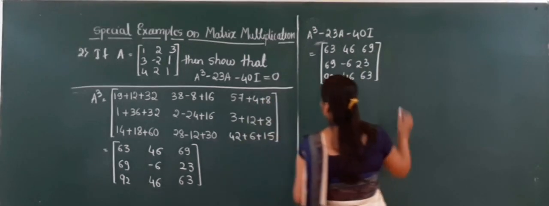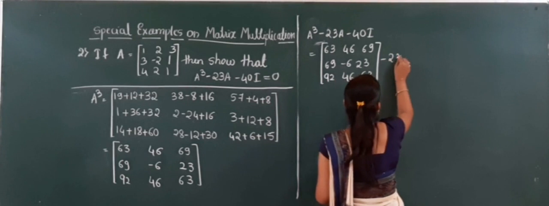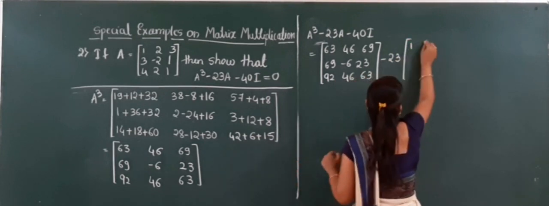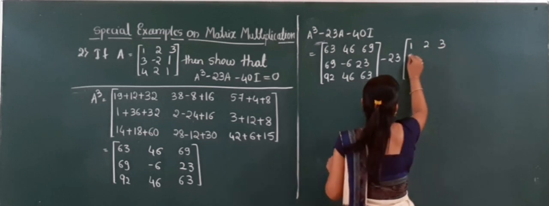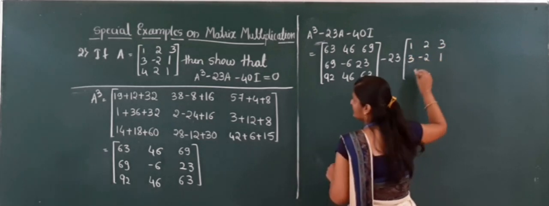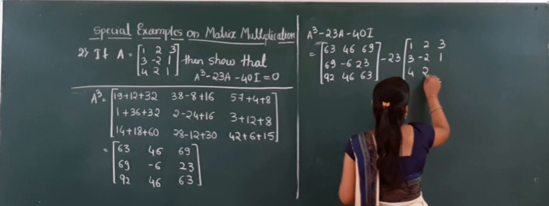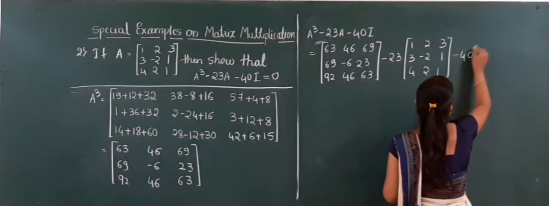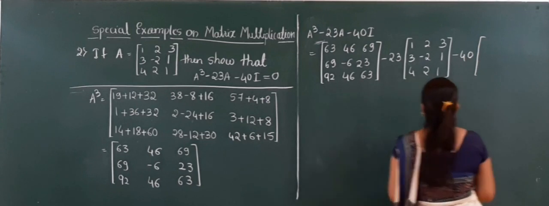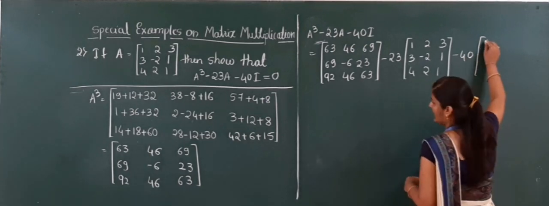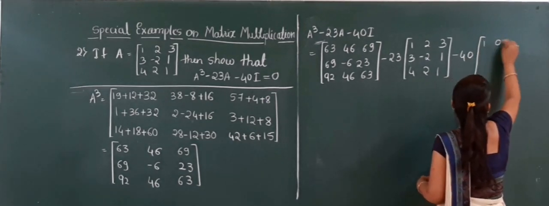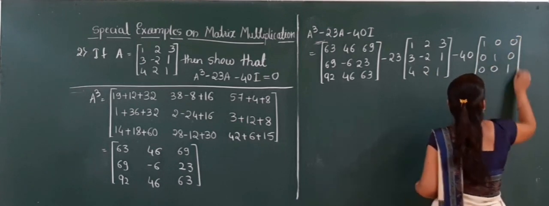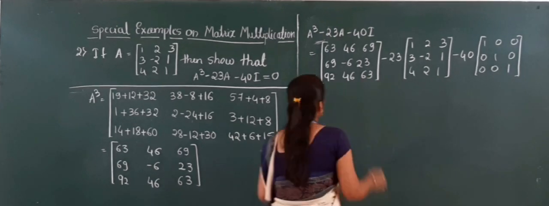Next, minus 23 into A. 23 into A, that is 1, 2, 3, 3 minus 2, 1, 4, 2, 1. Minus 40I. That is, I means I have to take the identity matrix. All matrix order is 3 by 3, so I have taken a 3 by 3 matrix only.